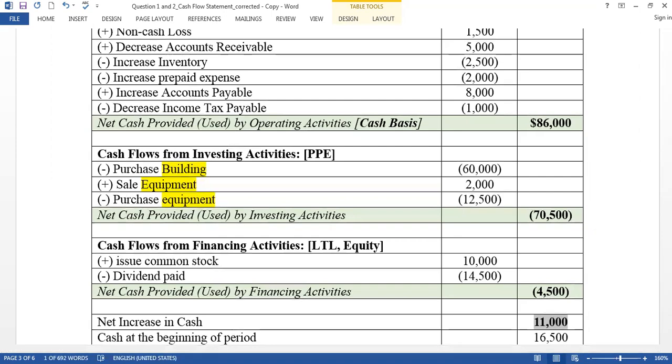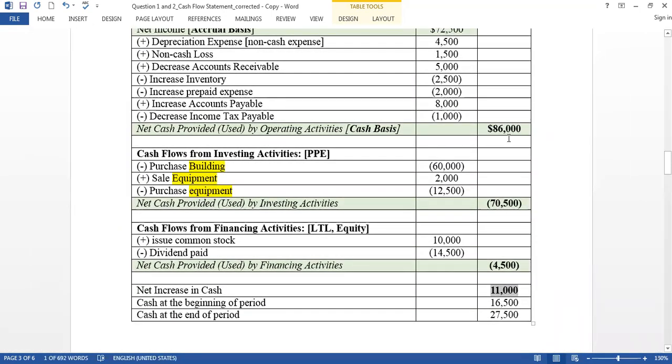Now we can see that this $11,000 should be equal. That means $86,000 minus 70,500 minus 4,500.